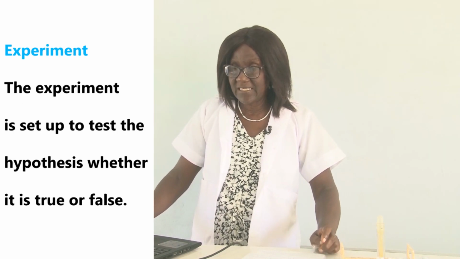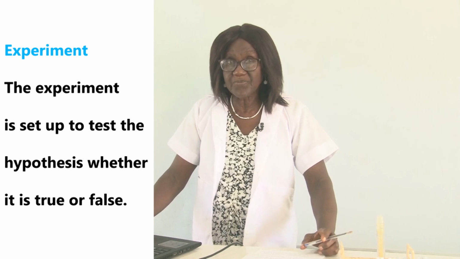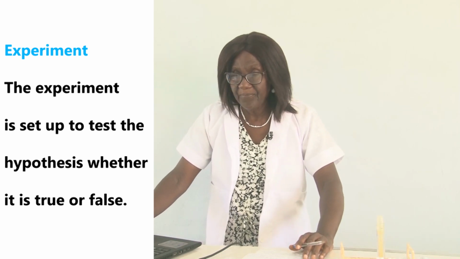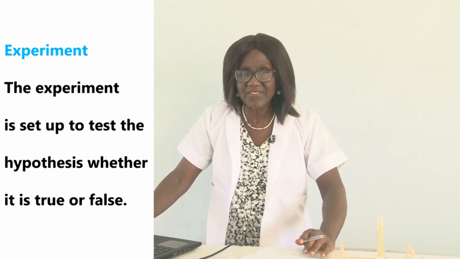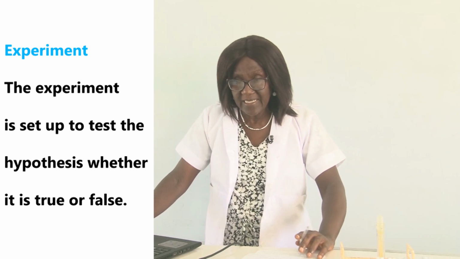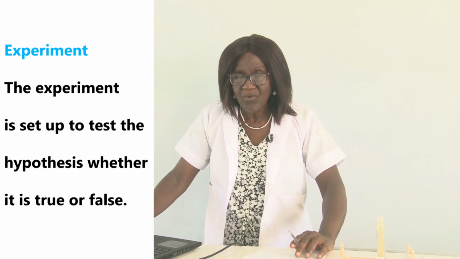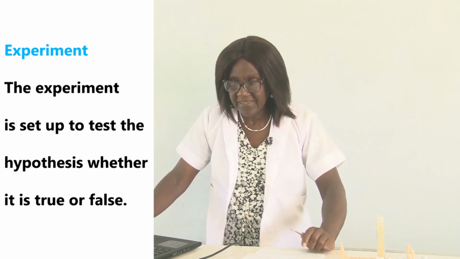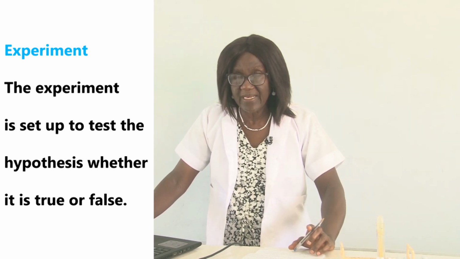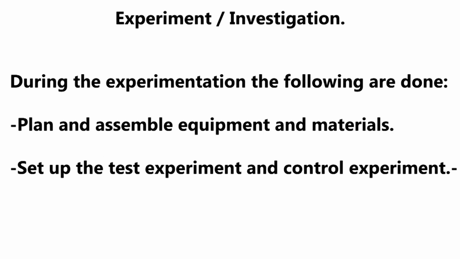Now let's find out about the experiment. The experiment is a setup to test the hypothesis, whether the hypothesis is true or false. That is the experiment. What happens during experimentation? During the experimentation, the following are done. You plan and assemble equipment and materials.